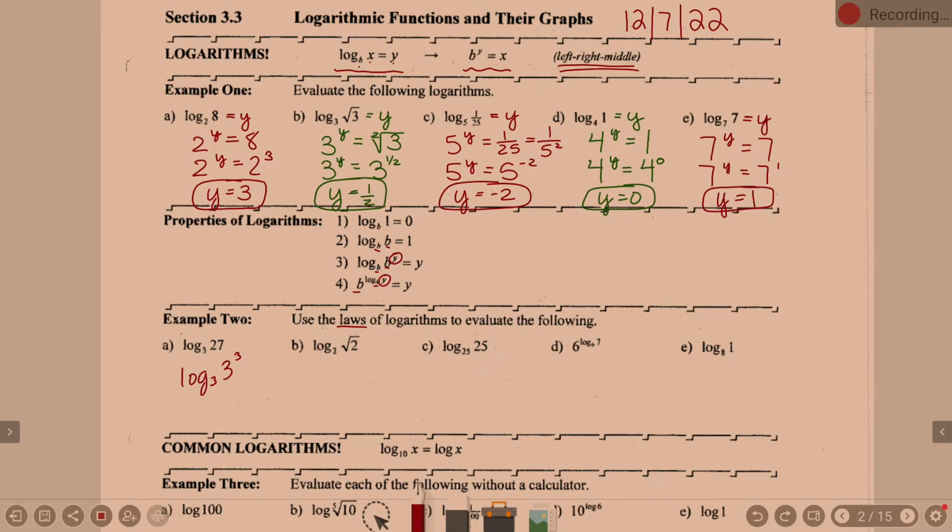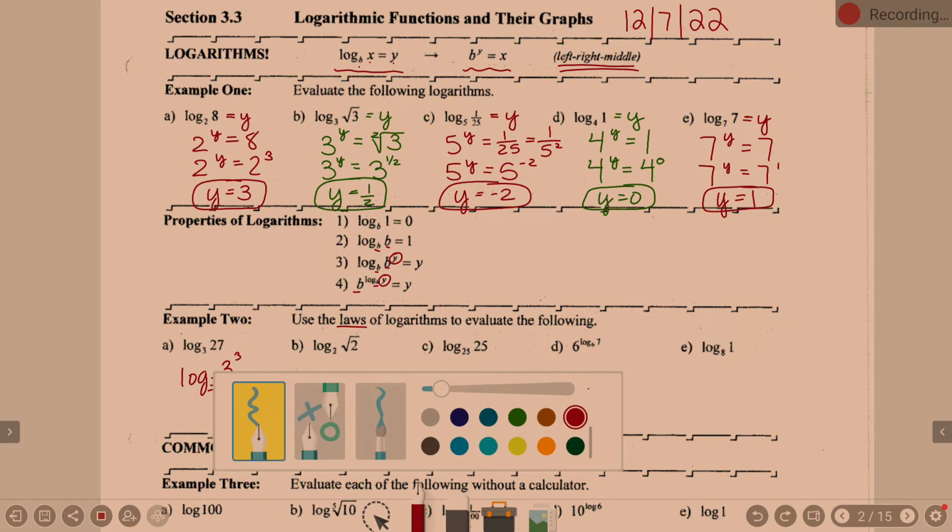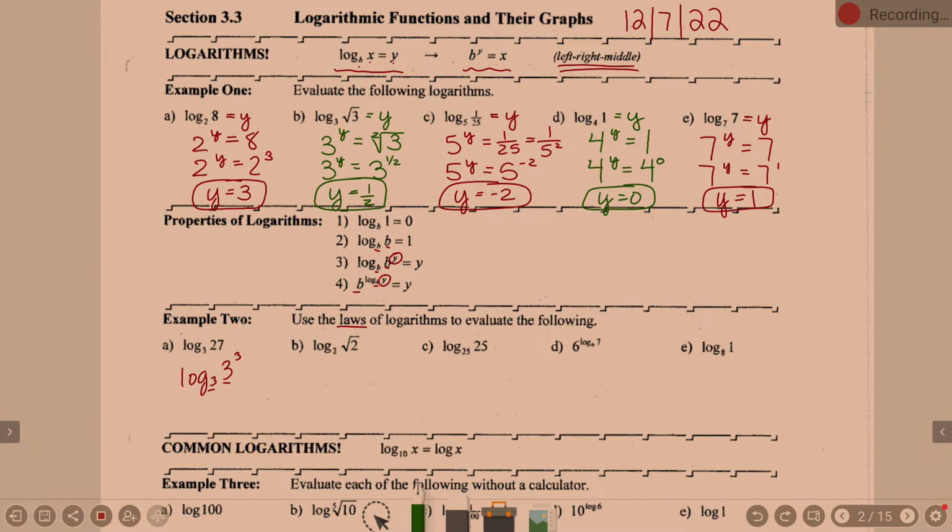If the base 3 and that 3 match, my answer is the 3 from the exponent. There's a lot of 3s in this problem, it's kind of a bad problem for this, but when we say our answer is 3, it's the 3 from the exponent because these 3s matched.